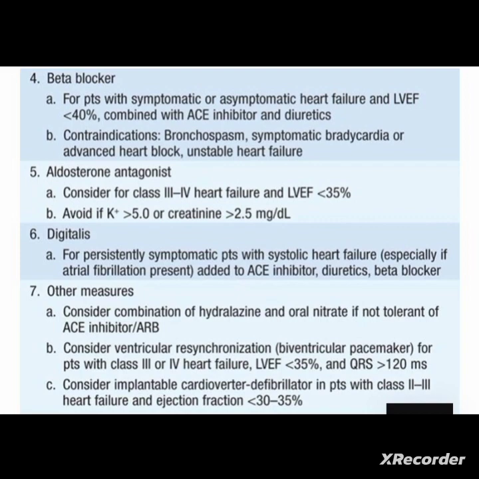Then digitalis can also be used in case of persistent systolic heart failure. In that condition, we can use the digitalis. So actually, the diuretics, pulmonary vasodilators, calcium channel blockers. Calcium channel blockers, for example nifedipine and diltiazem, are very important.